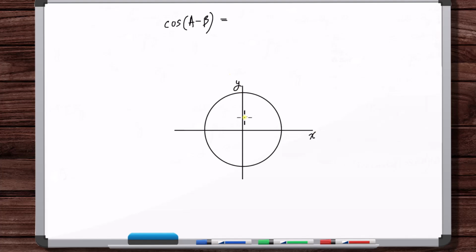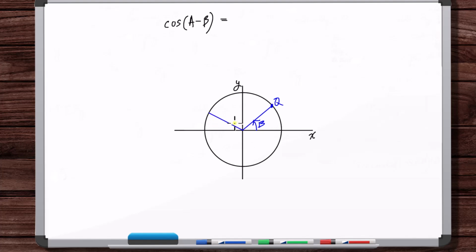So this has a radius of 1. Now, let's make a terminal side with angle B. So this terminal side is at angle B, and it intersects the unit circle at point Q. Now, let's draw another terminal side just at some random position, but past B. We'll put that, let's say, here.